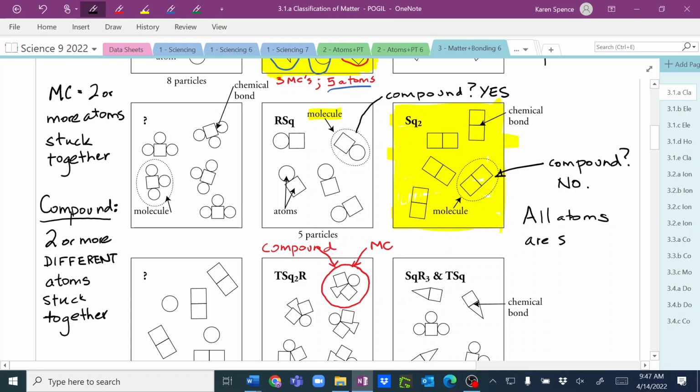Starts with an E. Element. So if all the atoms are the same type, you have an element.